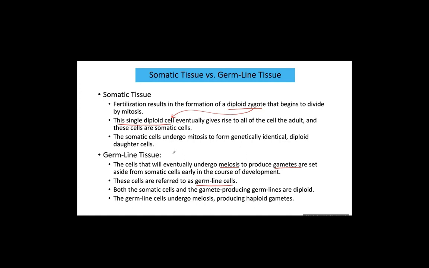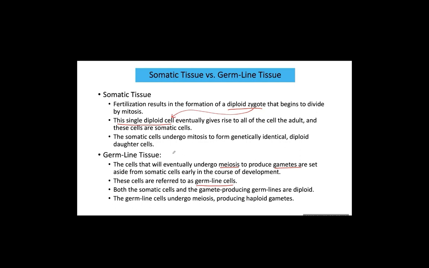So I said the sperm can be produced from the testes, but the testis is not a single cell. The testis is an organ, a reproductive organ. Therefore, this reproductive organ has many cells. Okay? Until the testis is fully mature, mitosis keeps occurring.